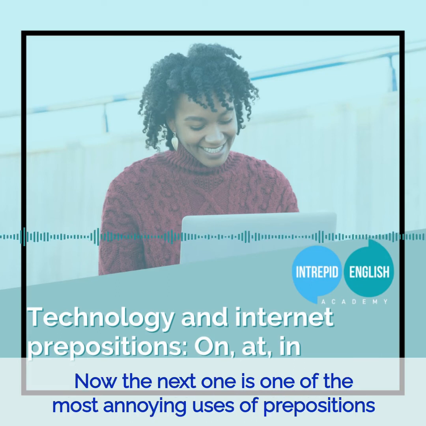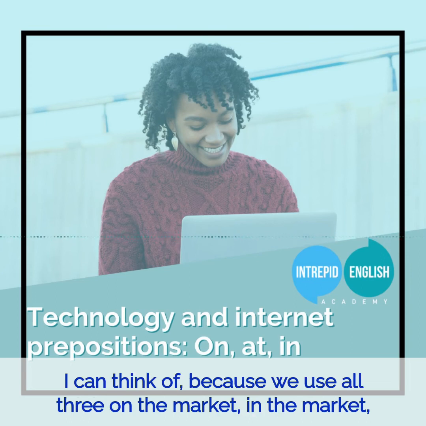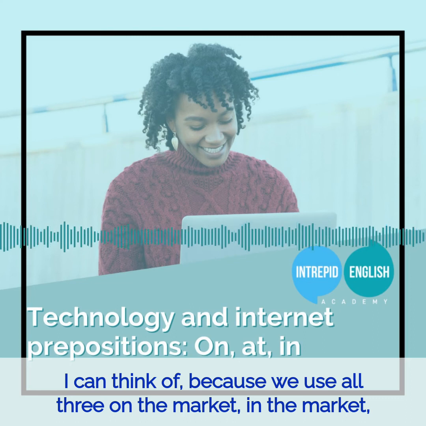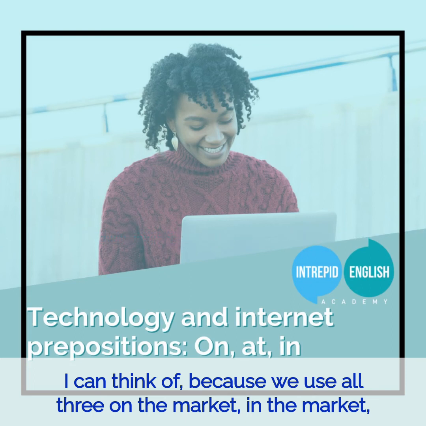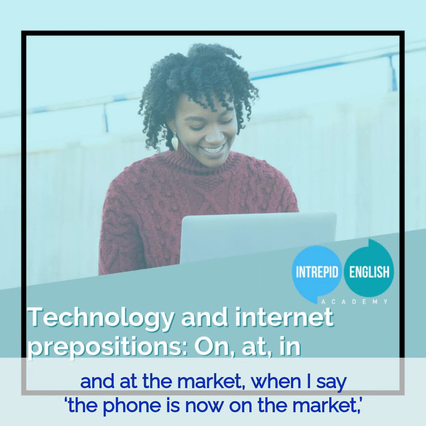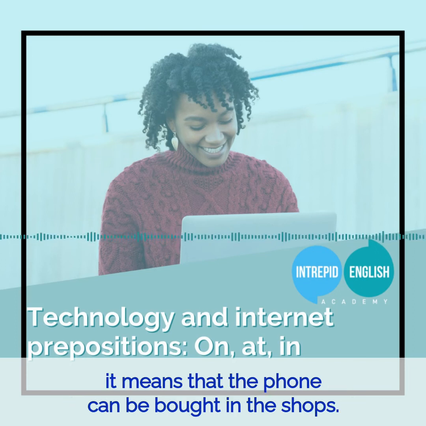Now the next one is one of the most annoying uses of prepositions I can think of, because we use all three: on the market, in the market, and at the market. When I say the phone is now on the market, it means that the phone can be bought in the shops.